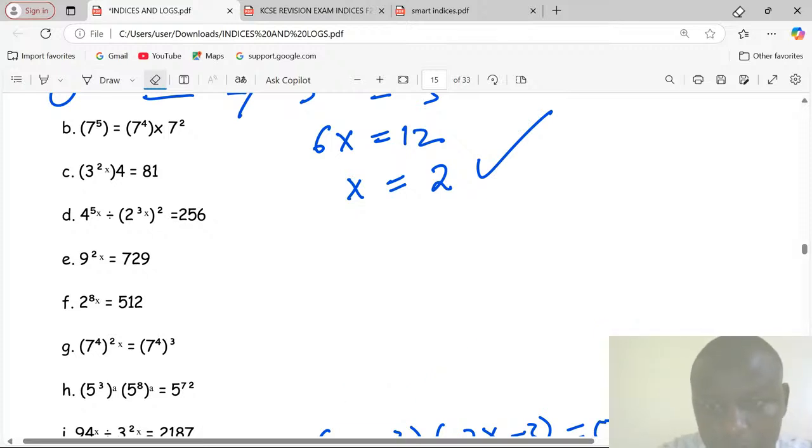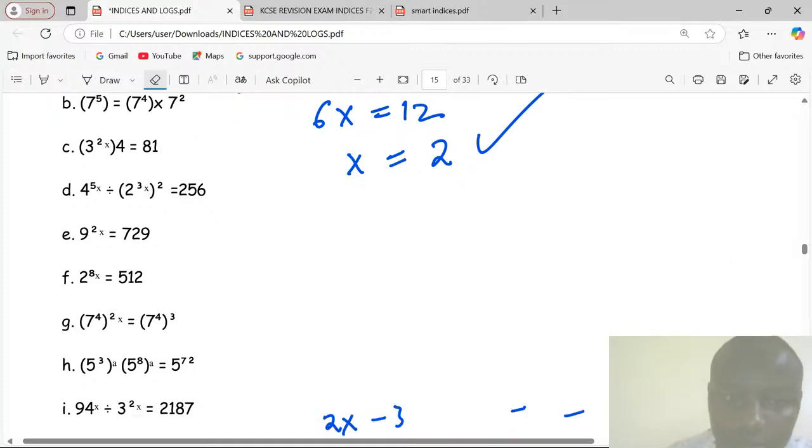I'm finding more space to try with you another example here. Look at part D. Question D. The question is telling us that 4 raised to the power of 5x divided by 2 raised to the power of 3x, then everything has been squared, is equivalent to 256.